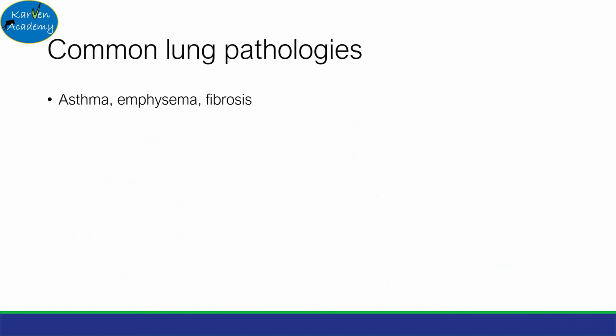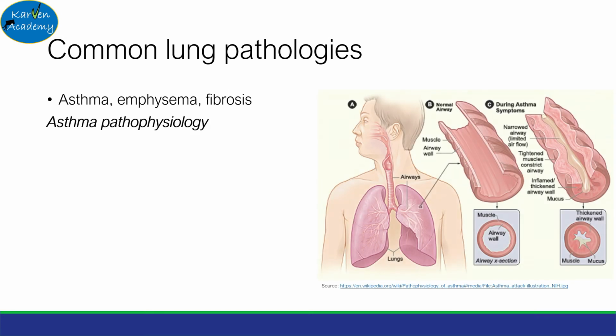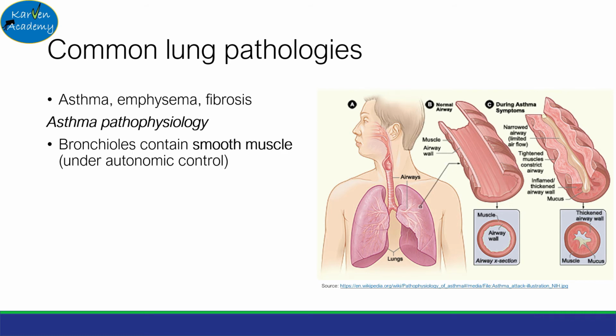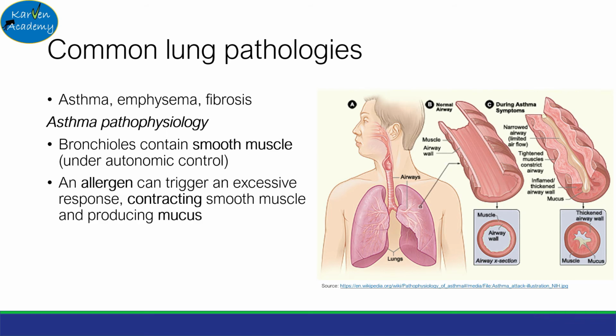Let's start by looking at asthma's pathophysiology. And pathophysiology simply means how the disease causes symptoms. The bronchioles in the lungs contain smooth muscle, which are under autonomic control. In asthmatics, an allergen such as dust can trigger an excessive immune response, which causes contraction of the smooth muscle and also excess mucus production.